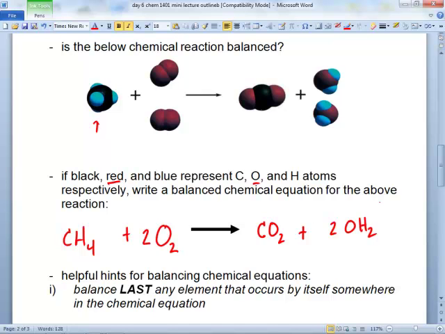How many oxygens on the reactant? 4. The product. A little harder to see, but it works. I've got 2 here, and I've got 2 here. I have 4. So it's important to be able to see that. Otherwise, you're going to have a hard time today.